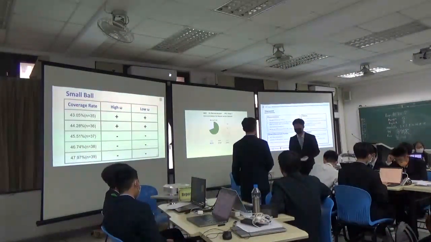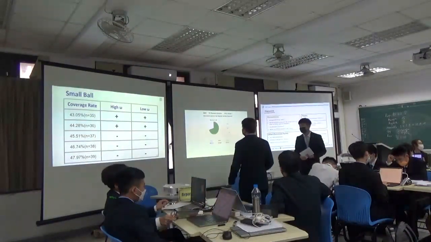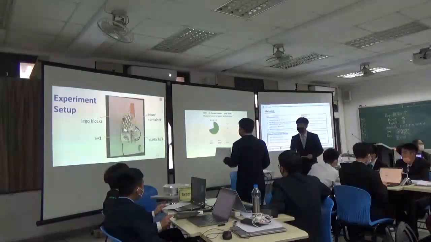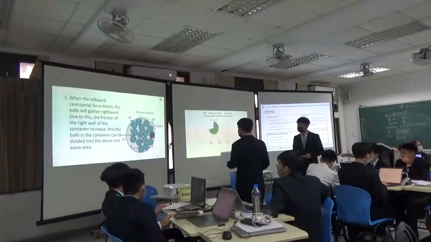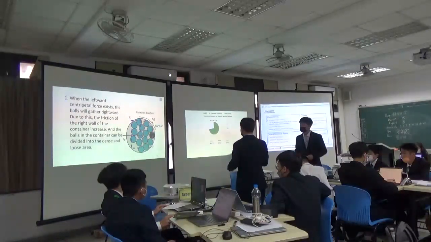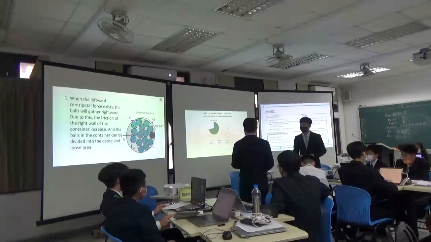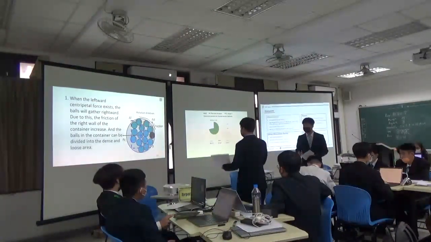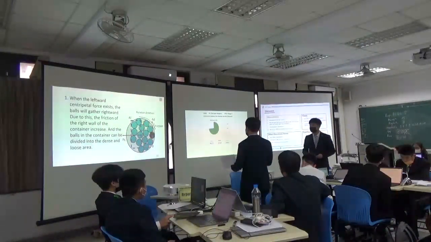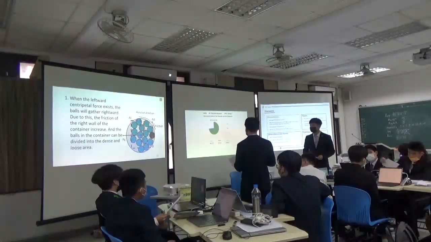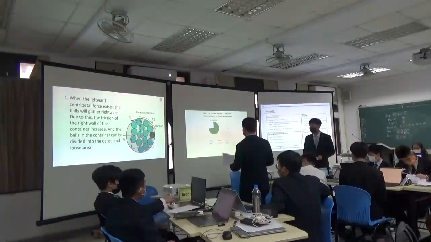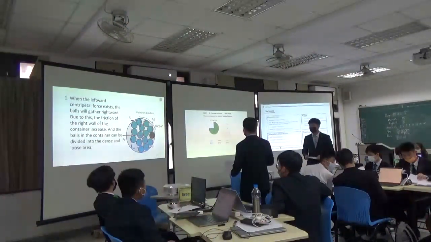Because in our theory, the motion is related to the friction and centripetal force. If I increase my angular velocity, the centripetal force will increase, but whether it will be opposite directional or co-directional is more related to the friction.